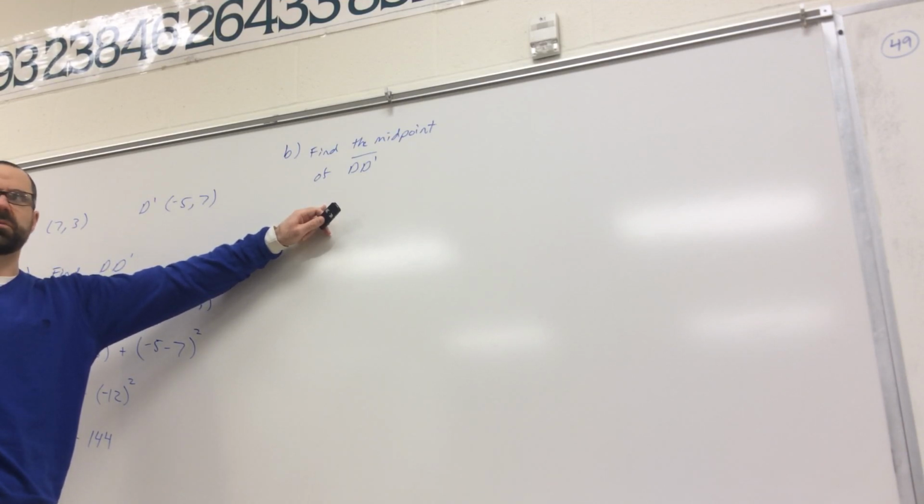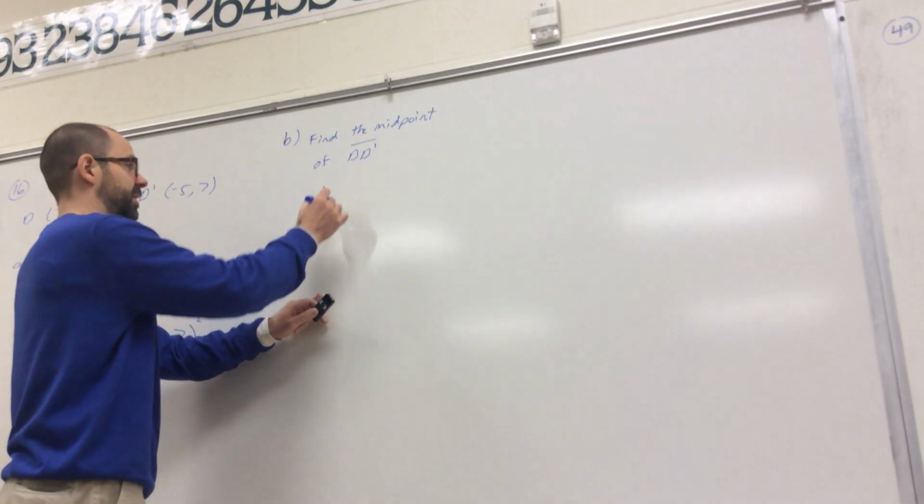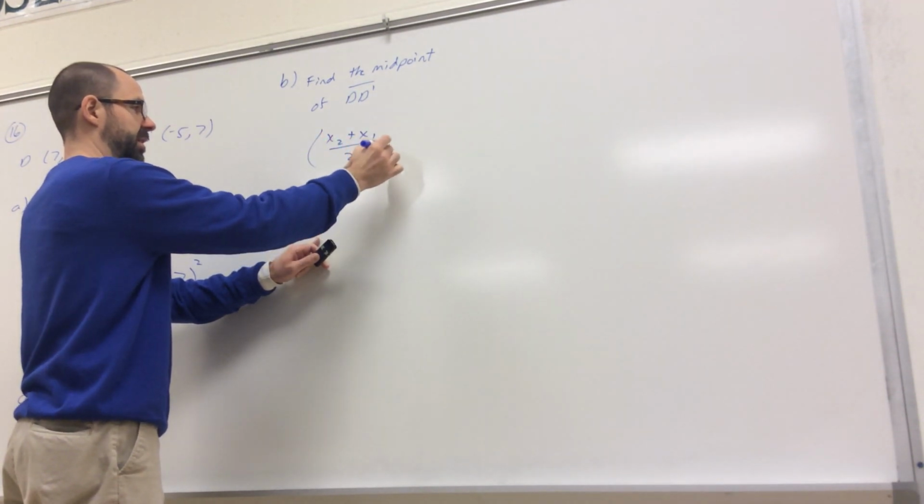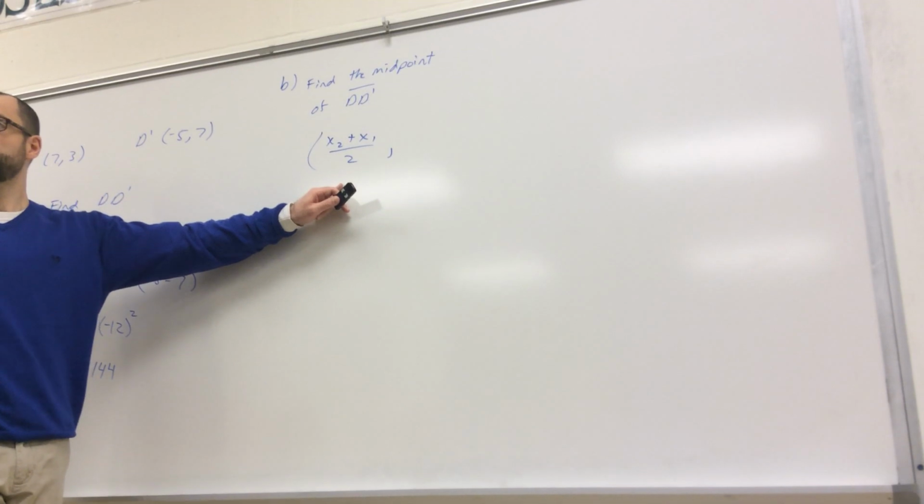So what's that formula? What's the midpoint formula? Yeah, x2 plus x1 divided by 2. Nice. So x2 plus x1 divided by 2. And then a comma.